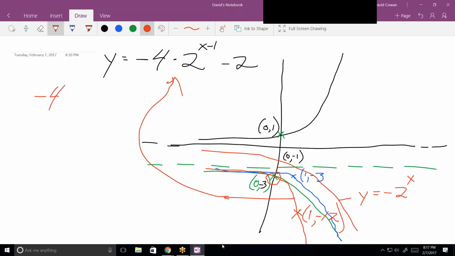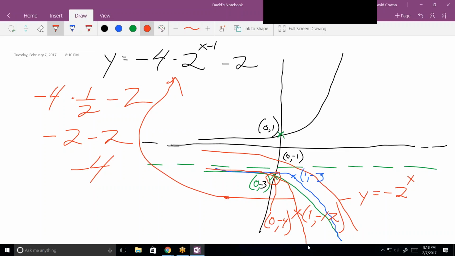Minus 4 times 1/2, that's 2 to the negative 1, minus 2. So that is minus 2 minus 2, minus 4 is this point right there. So that point is 0 comma minus 4. So the y-intercept is minus 4.